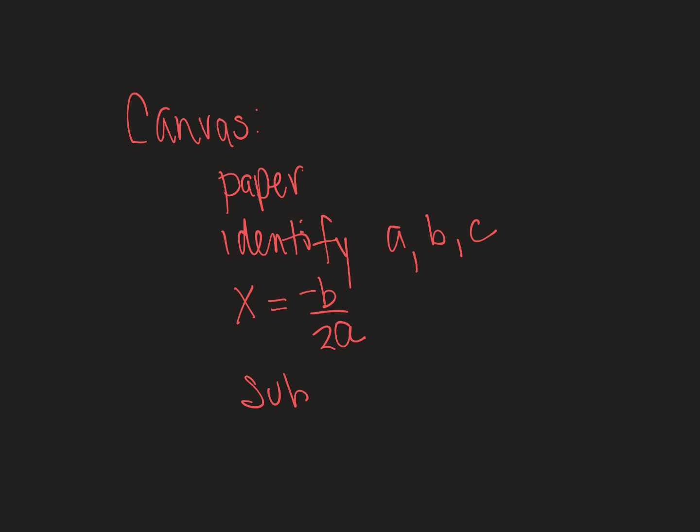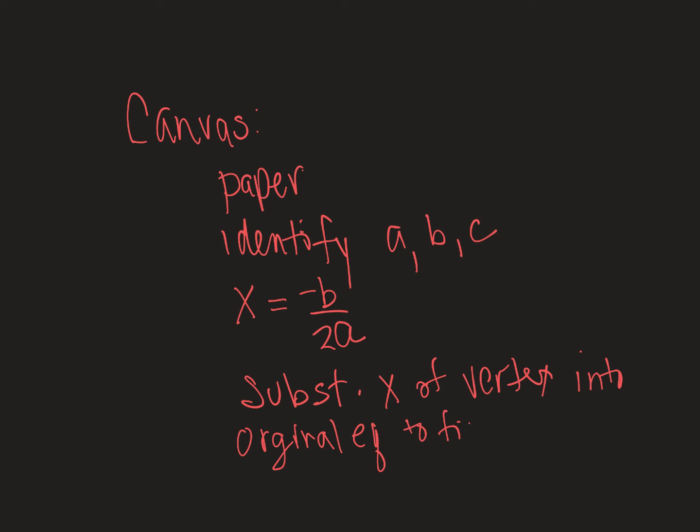And then you will have to substitute the x of the vertex back into the original equation to find the y of the vertex. So that is your assignment. You'll see it on Canvas.